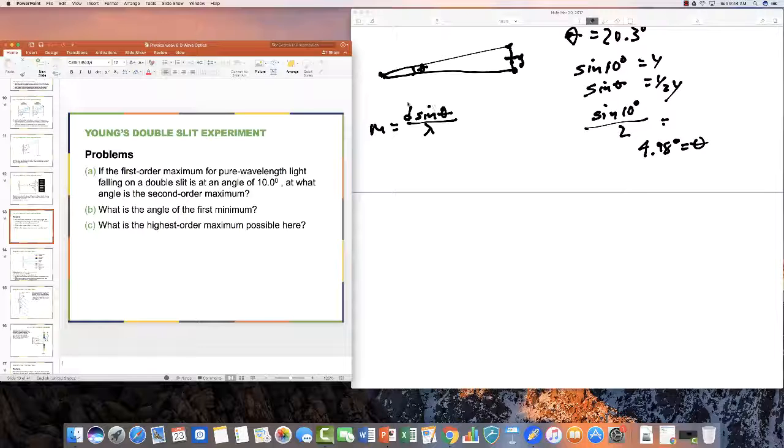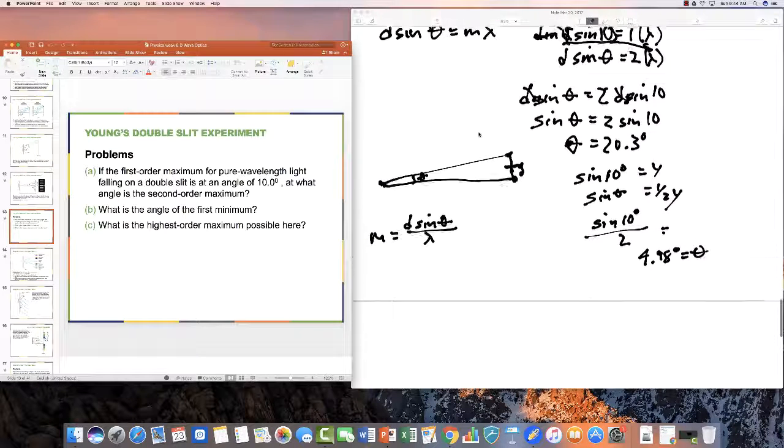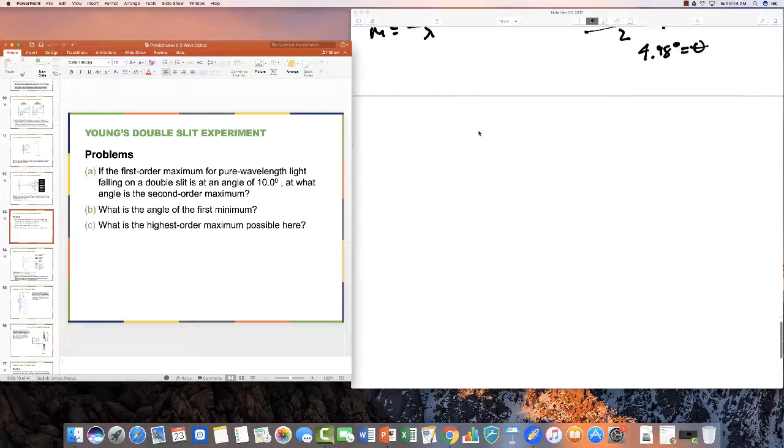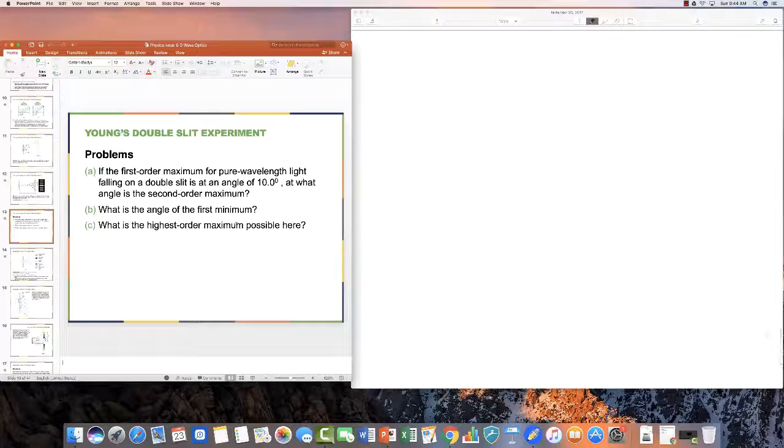And unfortunately, I didn't give you either one of those. And there's no way from this previous information that we can calculate that. And so in order to do this part C, you have to know both of those actually.